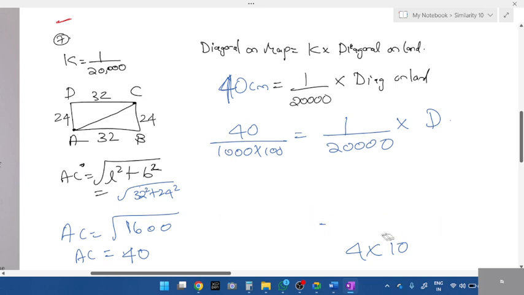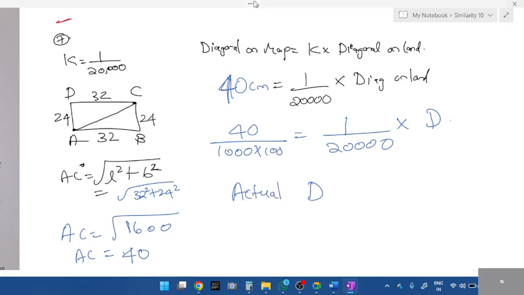This was a simple question. They have asked us the diagonal. So first you have to find the diagonal of the smaller value, diagonal on map. Actual diagonal, right? Actual diagonal, students. Diagonal on map is equal to k into actual diagonal.